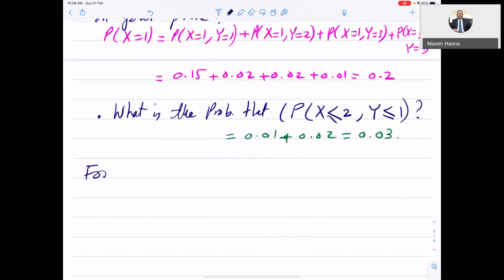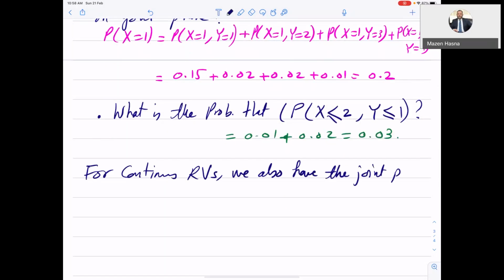For continuous random variables, we also have the joint PDF. Instead of mass function, we have the joint PDF, and we'll use the same f of x and y.